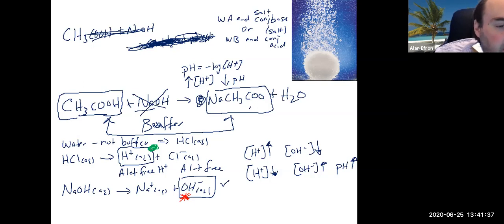So sometimes people get confused when they see, well, I can make a buffer with a strong acid or a strong base, but it's really not a buffer, because the way that you do it is you make the strong acid or strong base the limiting reagent, which means it gets used up 100%. So by the time the reaction is over, there's no more strong acid or strong base there, and you're left with just a buffer at the end of that. And we definitely will see that when we talk about a certain type of titrations, that is something that does occur.